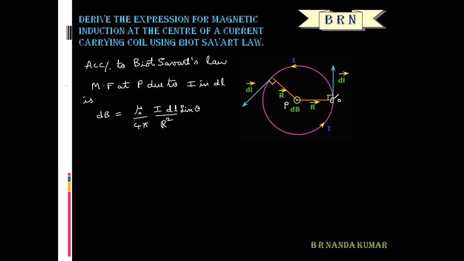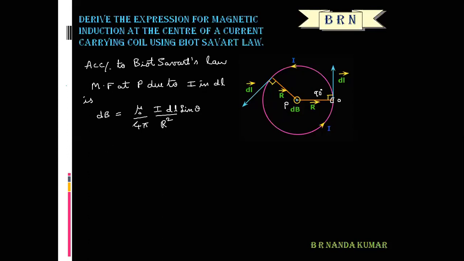The dl vector is always tangential to the circular path, and r is the radius vector. So the angle between the dl vector and the r vector at any point on the loop is the same, exactly 90 degrees.